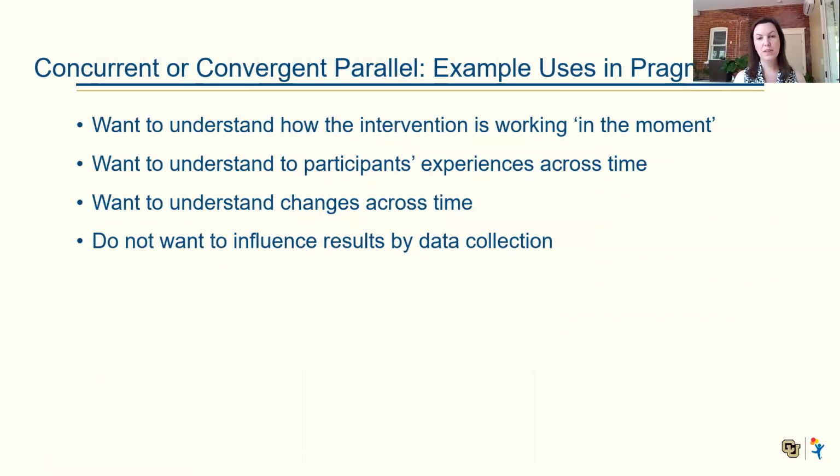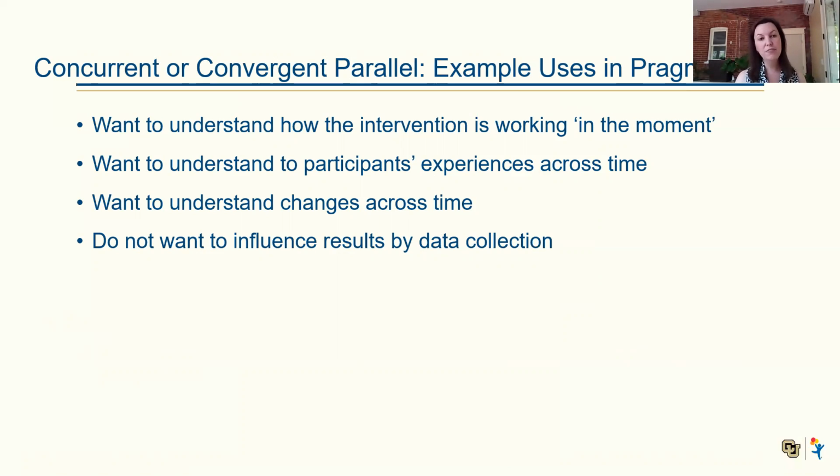So when might you use this in a pragmatic trial? This is really a key study design if you want to understand how the intervention is working in the moment. If you have a 2-year trial, you might want to collect some qualitative data at certain time points to understand how this is working at the beginning, when we have initially introduced the intervention to our participants.